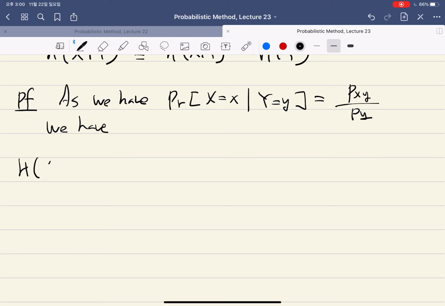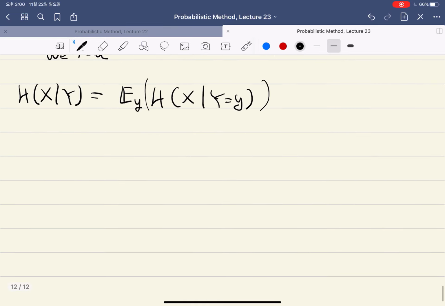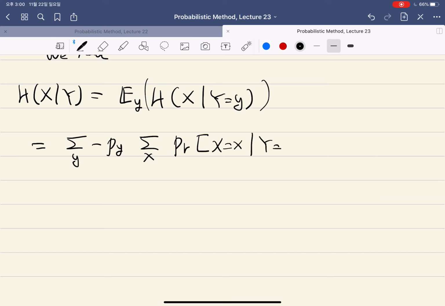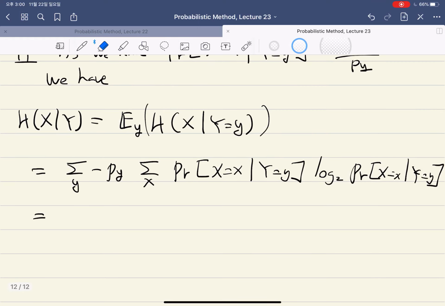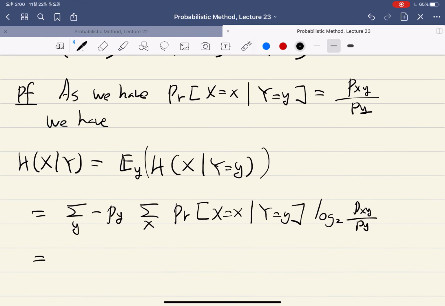Then what do we have? The conditional entropy is the expected entropy we get from X, and that's minus the sum over y of Py, summation over x of the probability that X is x, given Y is y, times log. So this is what we get. First, you can change it into Pxy over Py.